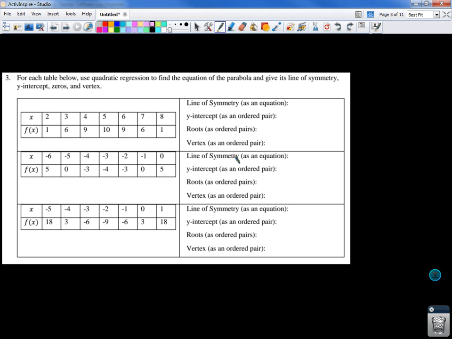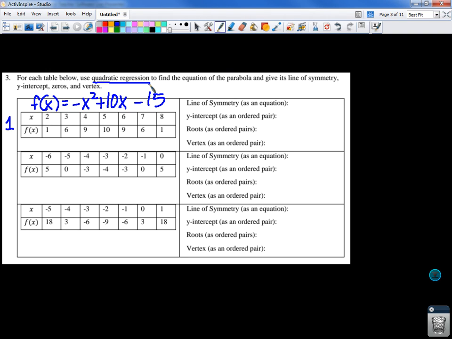So here we go. After using quadratic regression on this data for this first one, we had f of x equaled negative x squared plus 10x minus 15, and I got that from using quadratic regression.